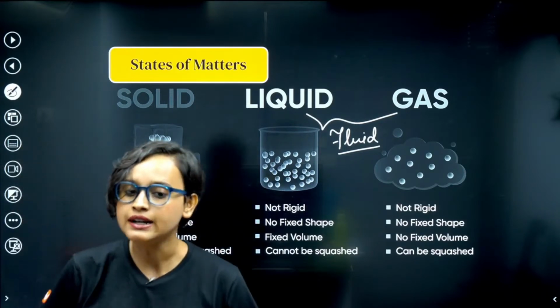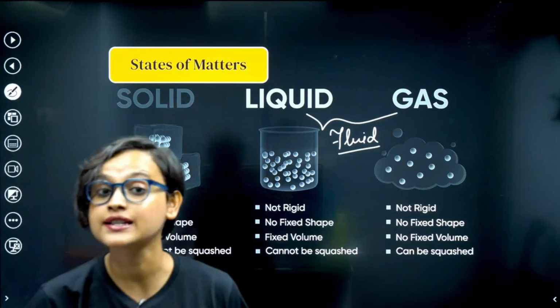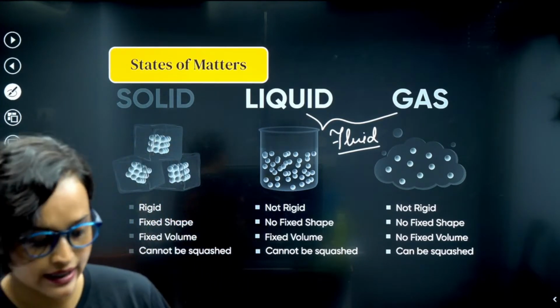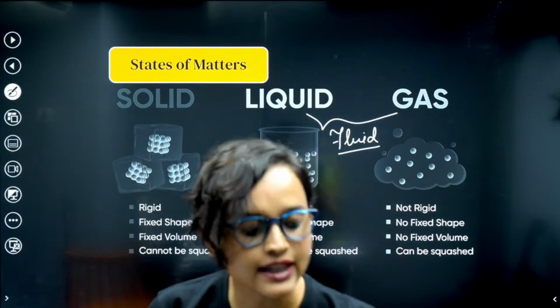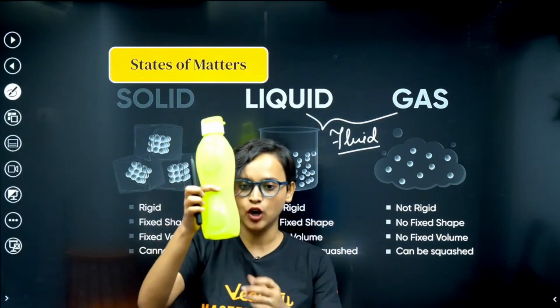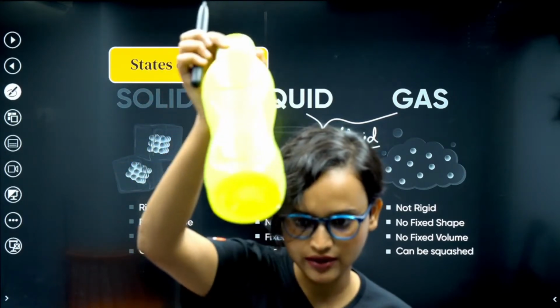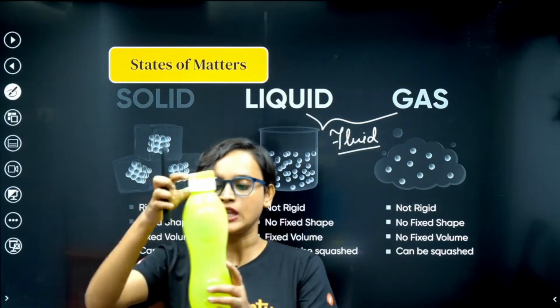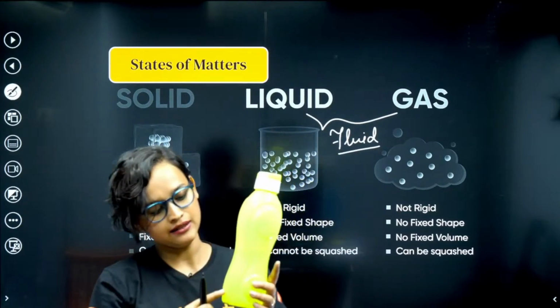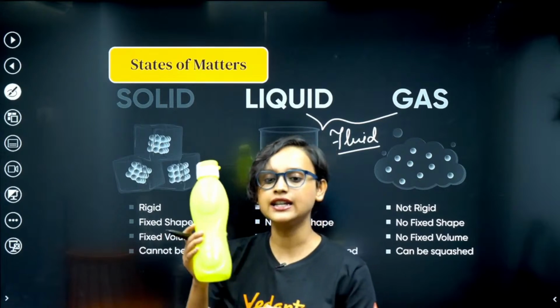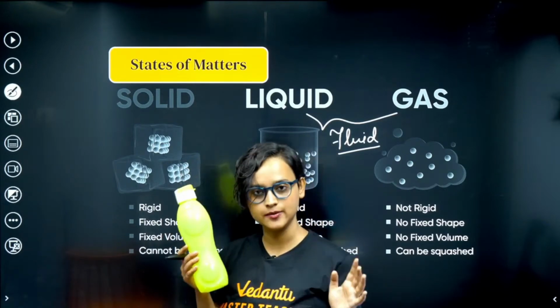Alright. Now, talking about fixed volume. This is very important, my dear student. Please understand this, okay? Let's just say that this bottle has a little bit of water in it. Can you see? No, probably not. Anyway. So this bottle can keep 1 liter, let's say. I can keep 1 liter of water in this bottle.